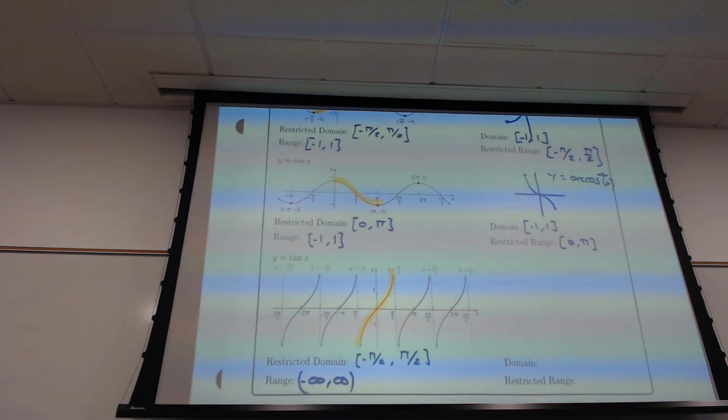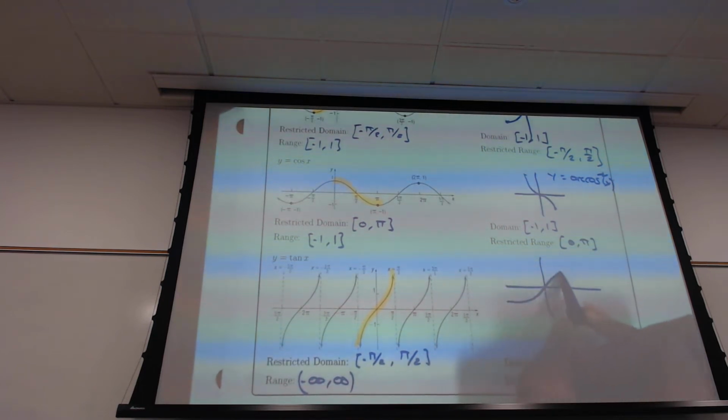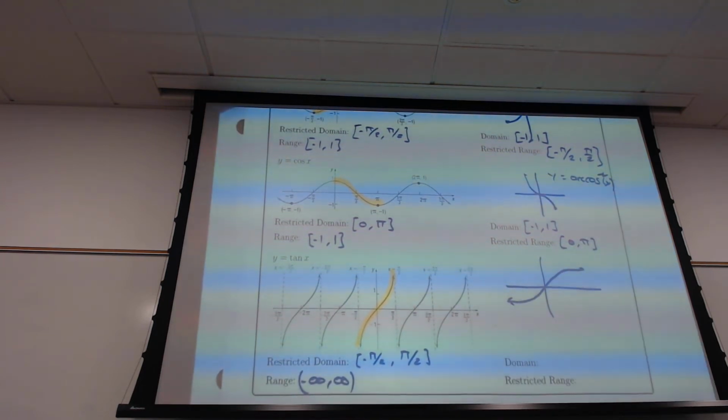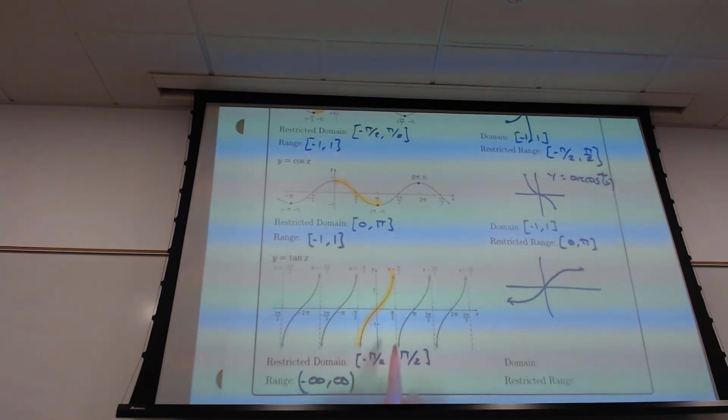So let's define its inverse function. In pre-calc you saw the graphs for this. In particular, we also need to reverse the direction of the vertical asymptotes.